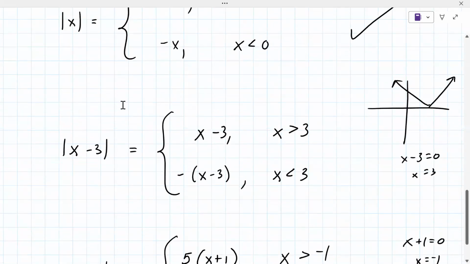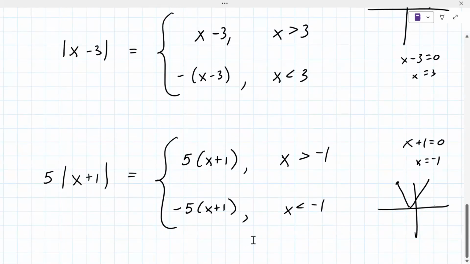So for these couple of examples I've done here, they've all opened up. There's a small change when it opens down. So now let's look at some that open down. Let's say it's negative absolute value x minus 2.